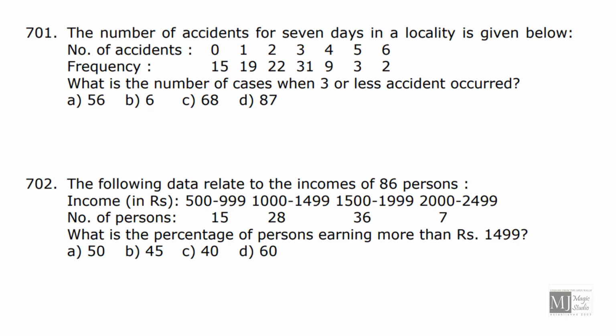The number of accidents in a locality is given below. Number of accidents are these and these are the frequency. Frequency means the number of times these many accidents occur.